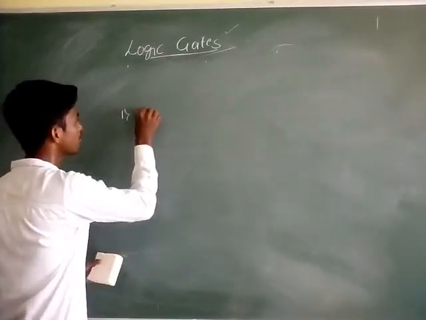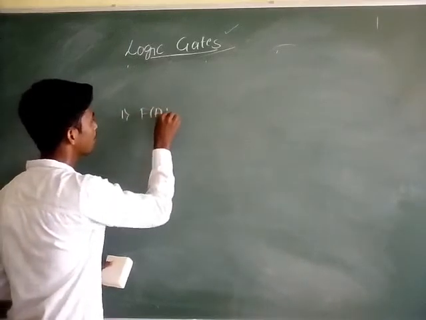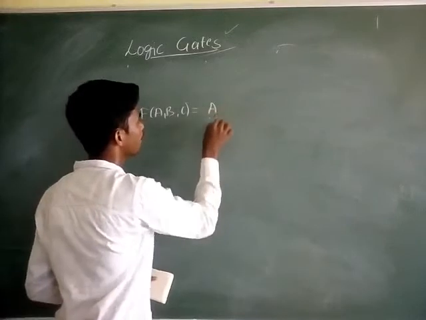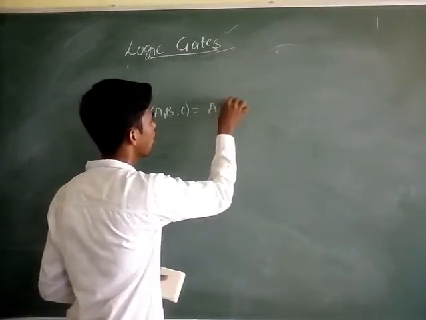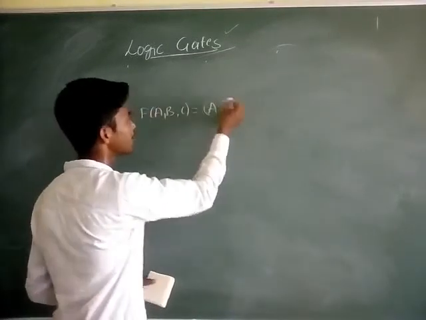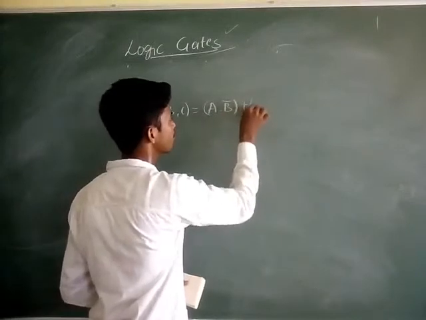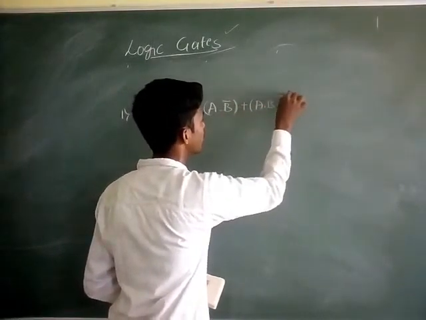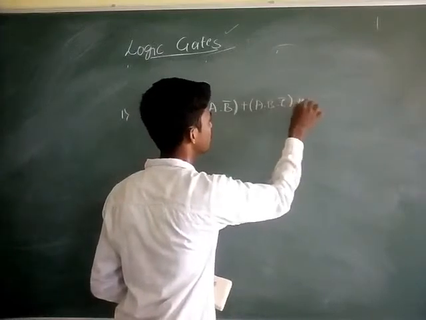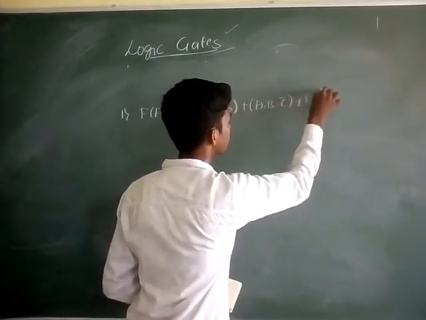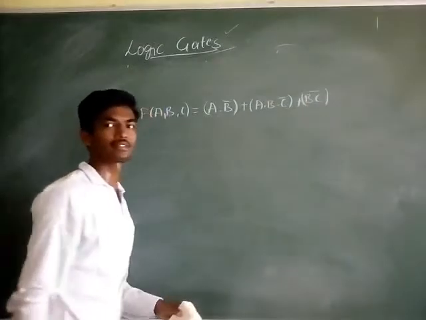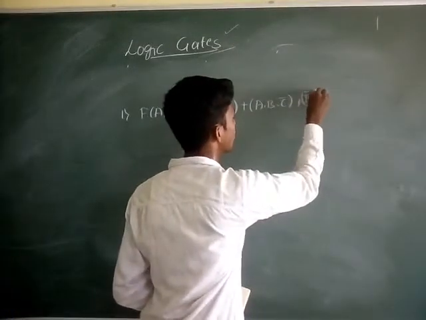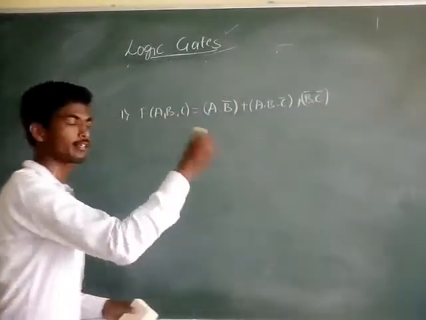First expression: f(a, b, c) is equal to (a b)' , a b complement plus a b c complement plus b c complement. Or else you can make it a b complement c complement, b complement c complement.